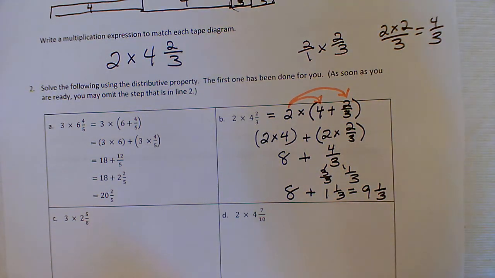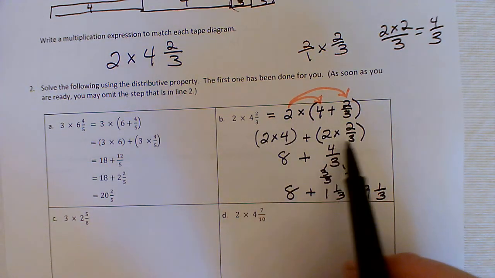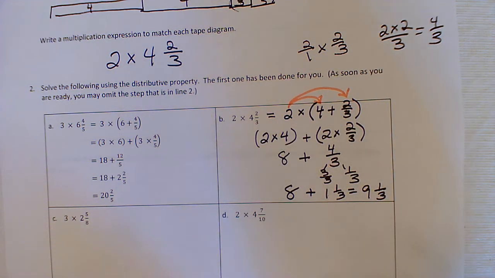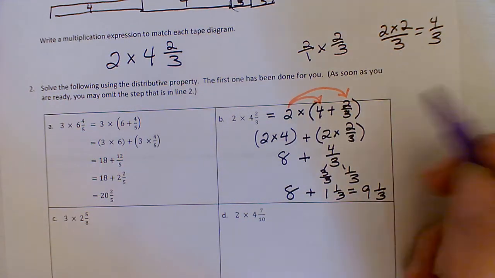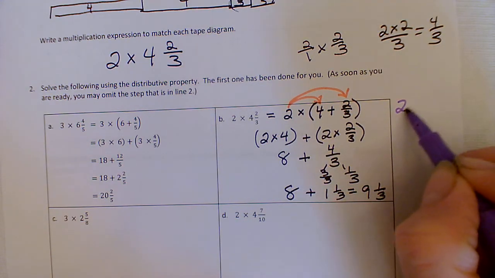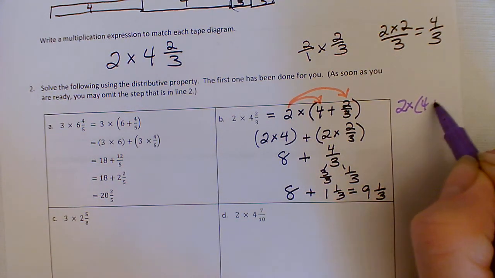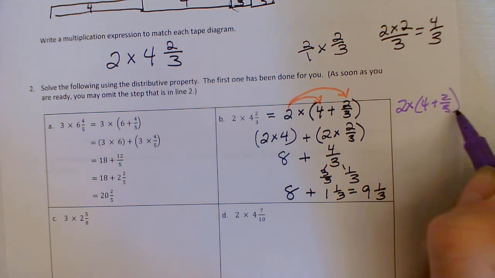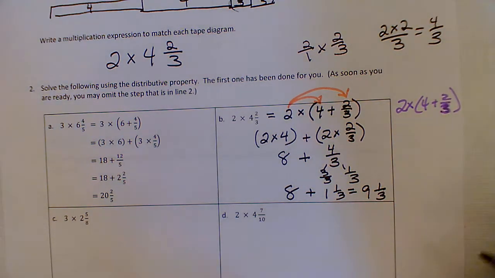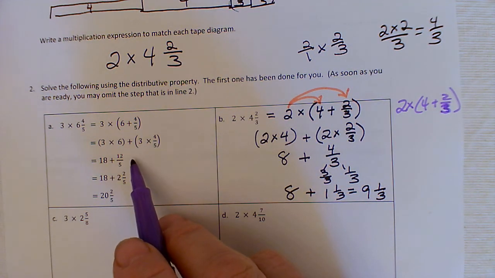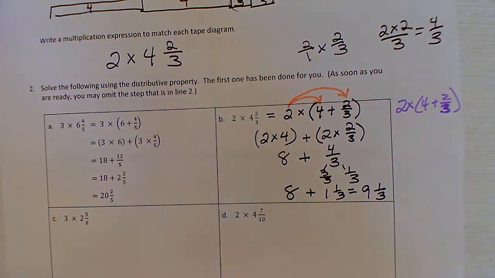Now, what I do want to show you is the shortcut that you can use. If you don't want to do this step right here, I'm okay with that. Let me do it in a different color. I'm going to pick it up from right here, where you have 2 times 4 2/3. I don't want you to just totally jump to this step like they have here.